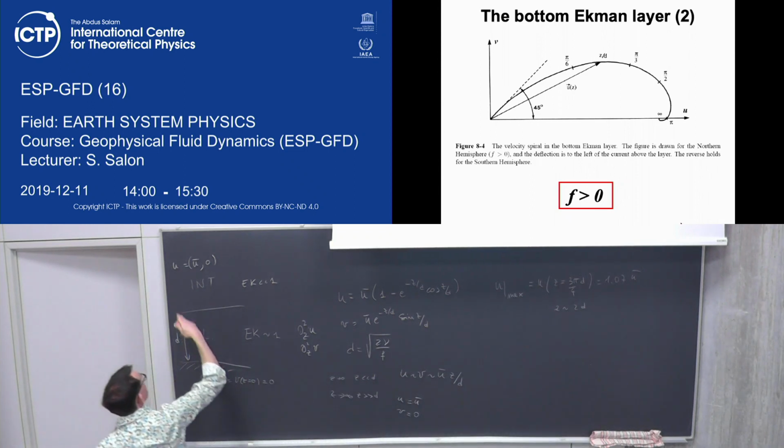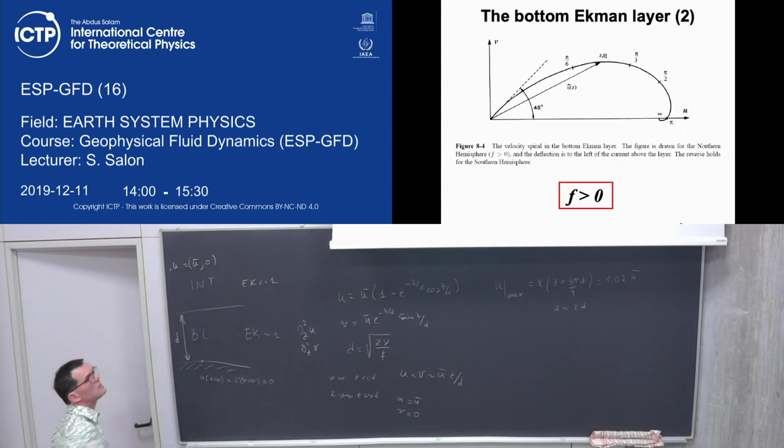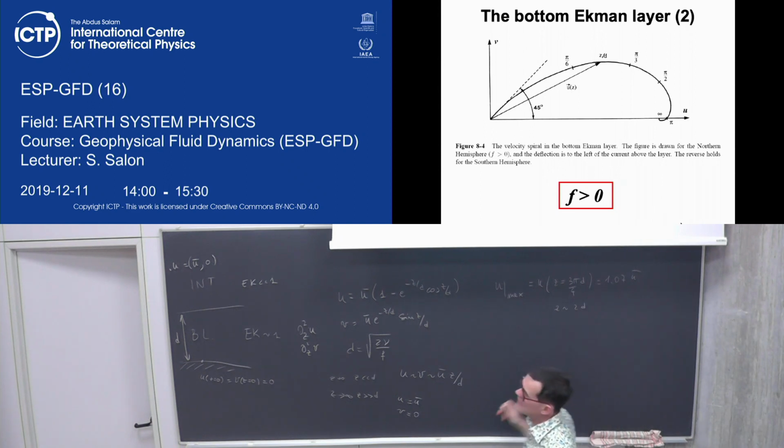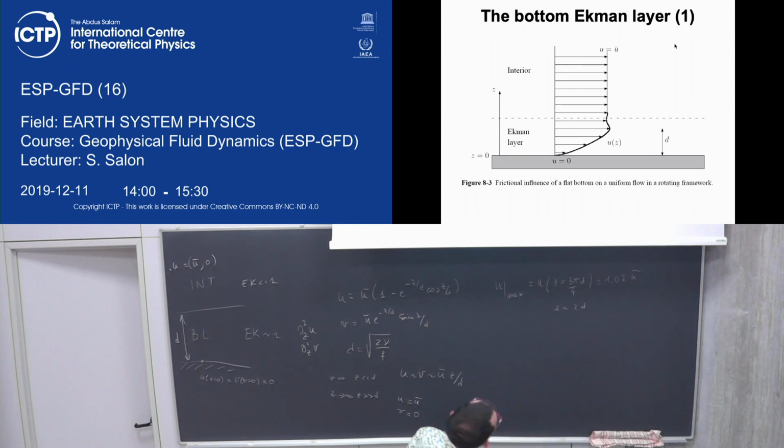So here, let's say, okay, already in the interior, but not exactly too far from the boundary layer, we have that the velocity is slightly larger, so it's 7% larger than the geostrophic velocity, which was also depicted by this sort of bump that you have here, okay?